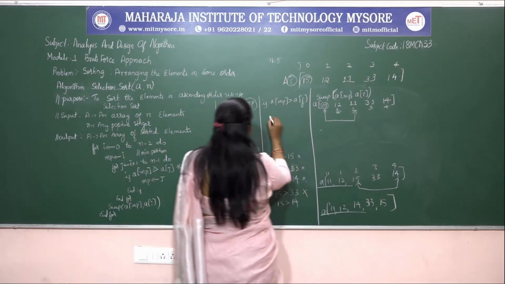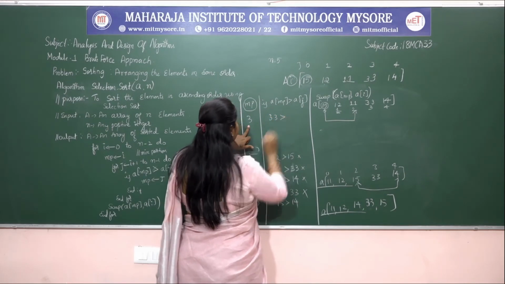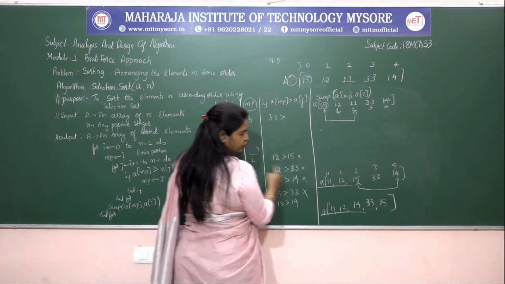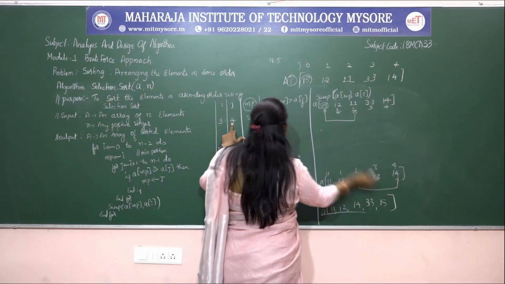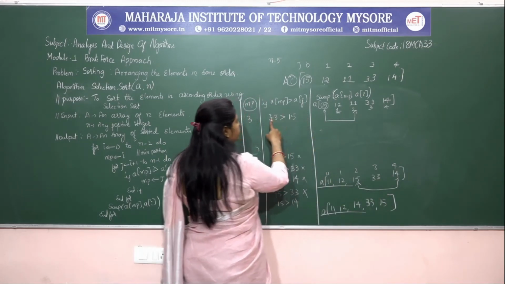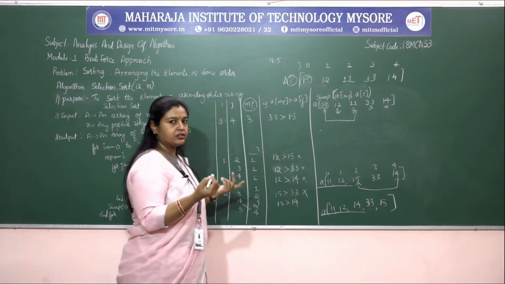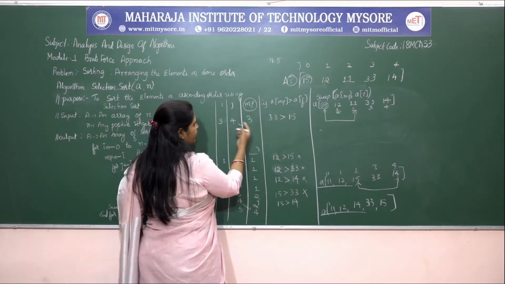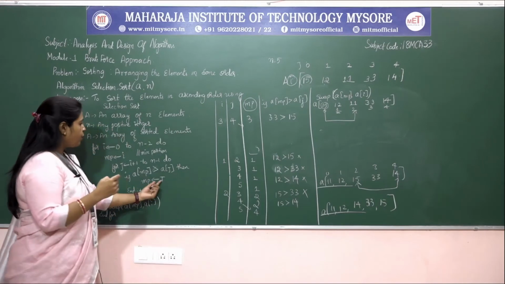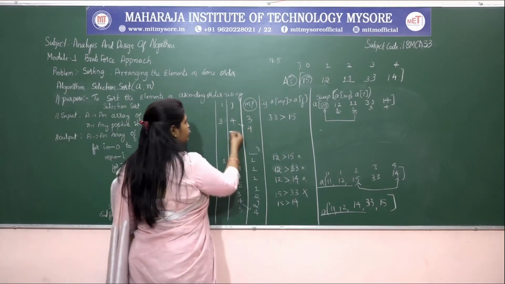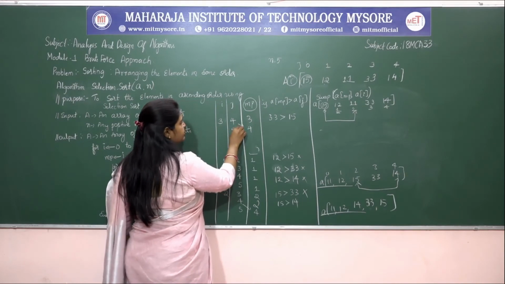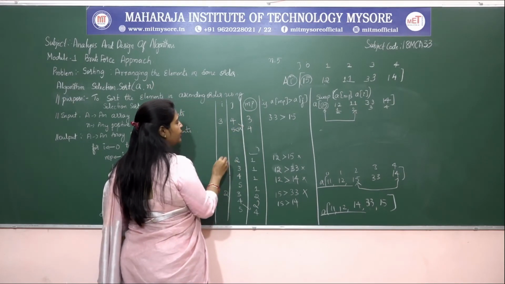We have 33. 33 is greater than the jth position value, the fourth position value. What is in the fourth position? We have 15. 33 is greater than 15, yes, true. So copy j value to MP. So MP is now 4. j gets incremented to 5, 5 less than 5 is false, it will come out of the loop.